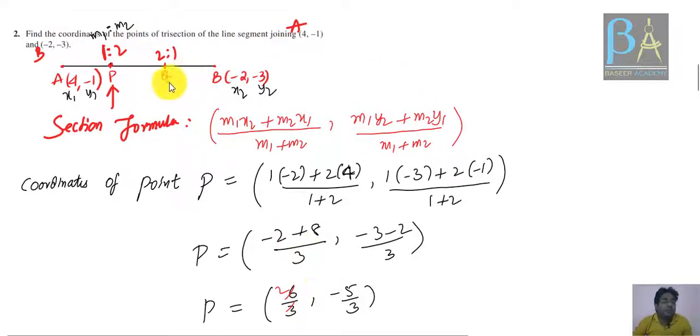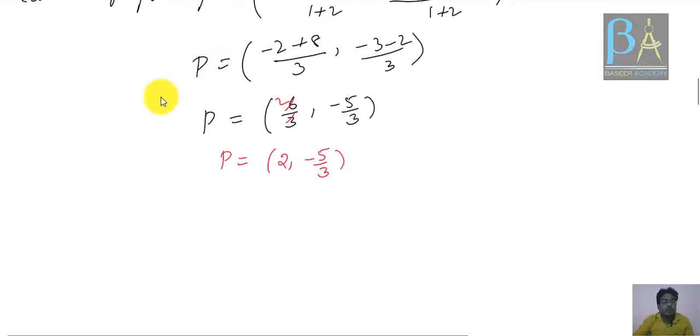Now let us find out the coordinates of point Q. When you are finding the coordinates of point Q, you again have to use the section formula. But this time, let us use the ratio as 2:1. So let me first write what is A, what is B, and then let me write the ratio as 2:1.